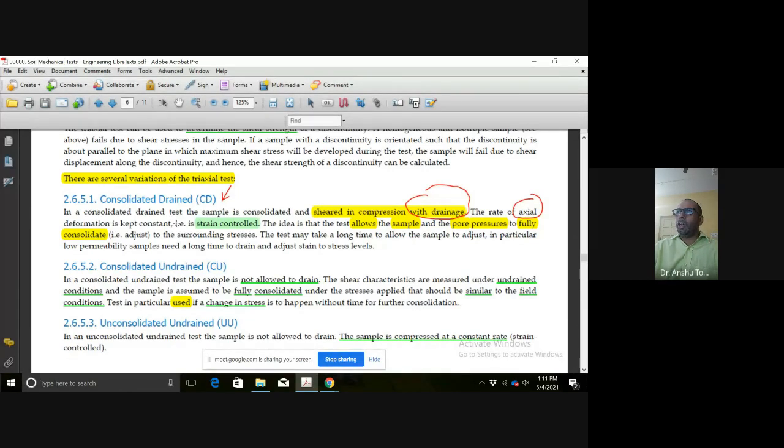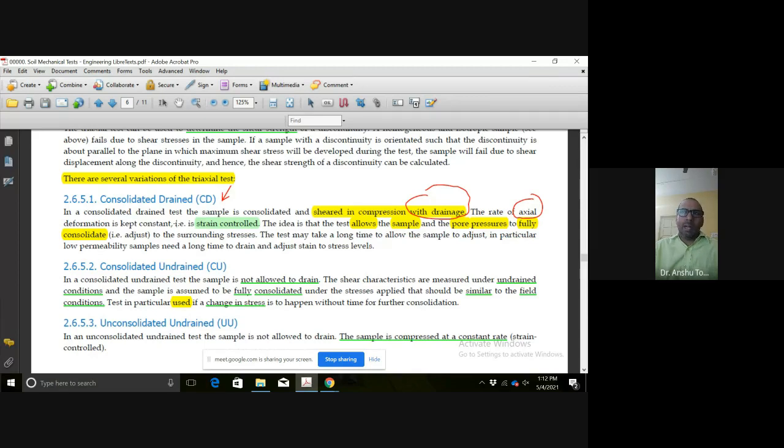The test may take a long time to allow the sample to adjust; low permeability samples need a long time to drain and adjust. So if we are having low permeability conditions, then it takes a relatively larger time to get the sample to become stable and give the readings.